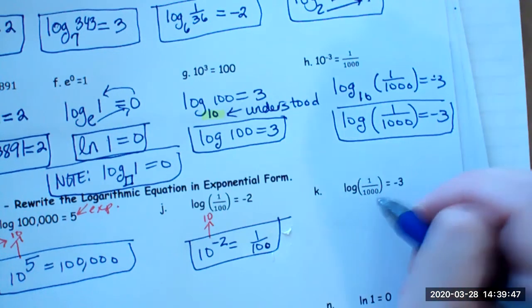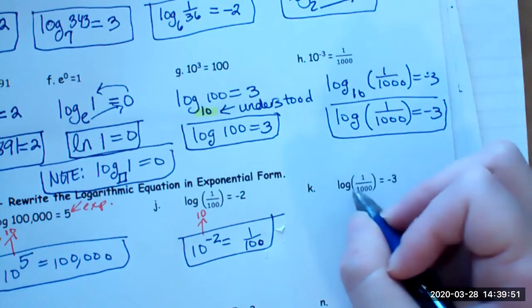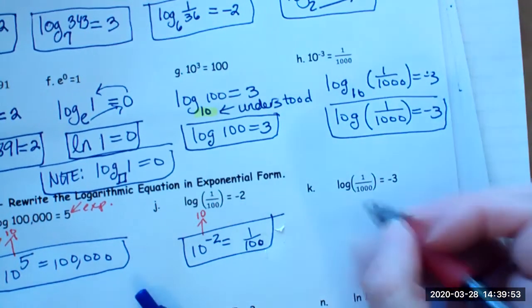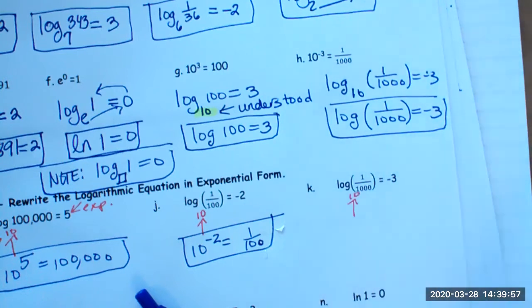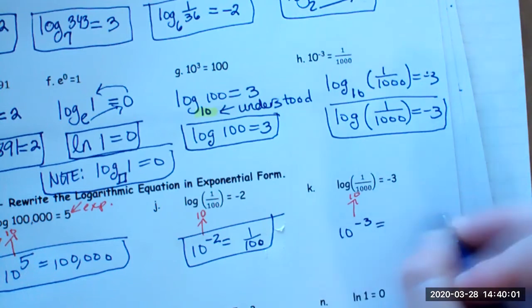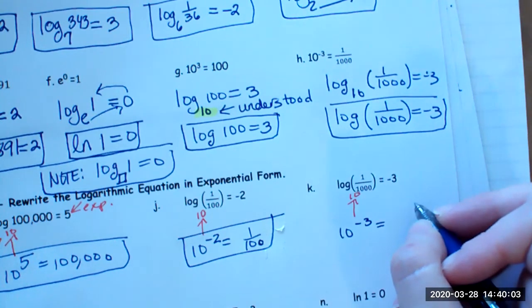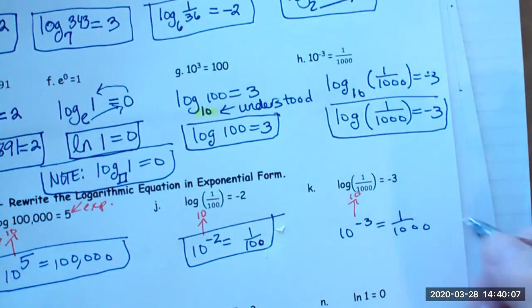All right, so with this one though, we've got log of 1/1000th equals -3. Again, I can put in that understood base 10 there. I'm going to say 10 to the -3 is equal to 1/1000.